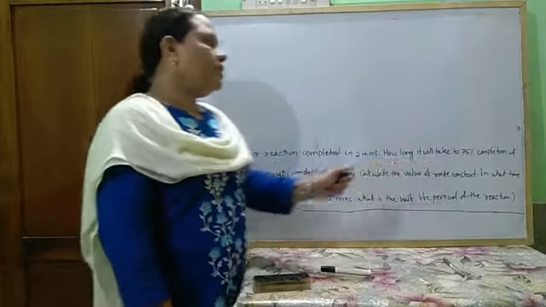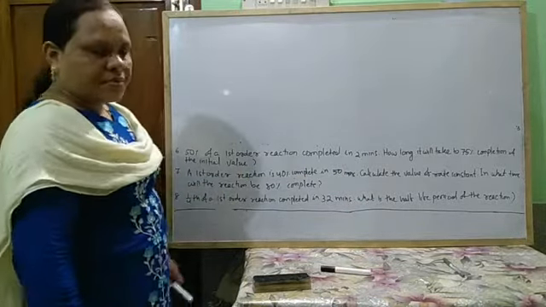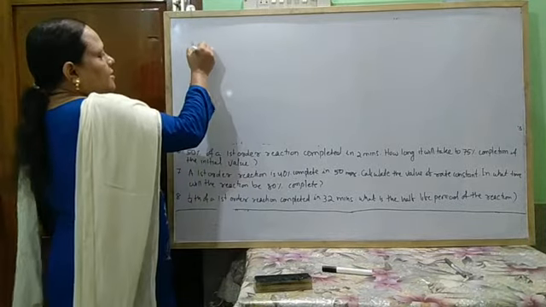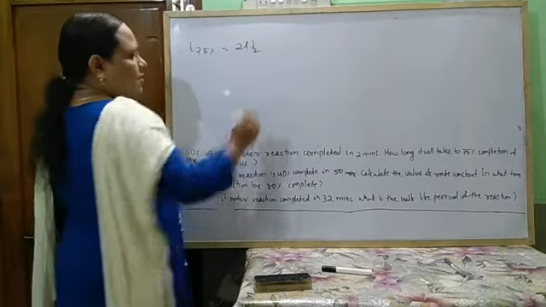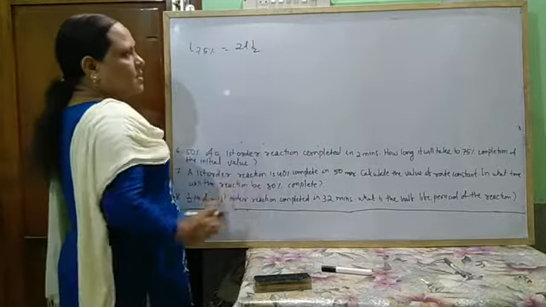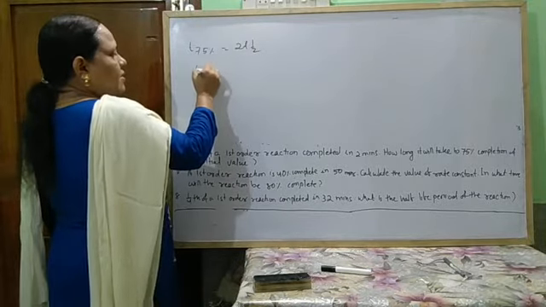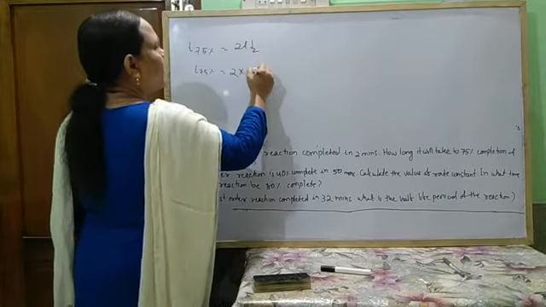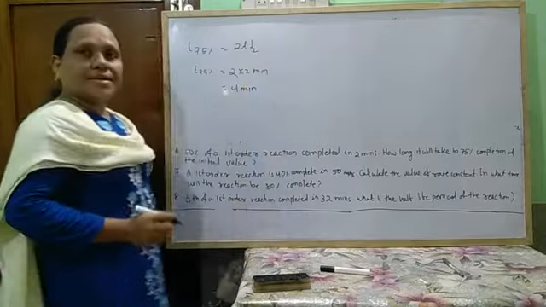How long will it take for 75% completion of the initial value? You can solve this in two ways. First, T(75%) equals 2 T(half), where T half means 50%. So T(75%) is 2 into 2 minutes, that is equal to 4 minutes.